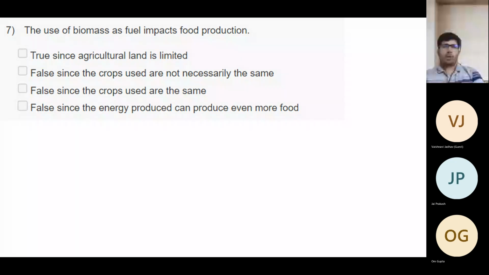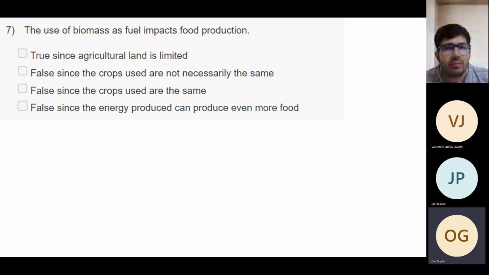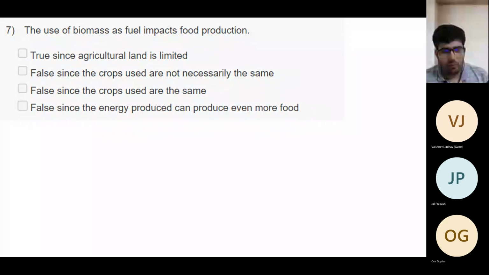So what is your correct answer? What are you saying the correct answer will be? So what is the answer from your side? C and D. So I think two people are saying C and D. Okay, only one is saying A. Maybe those who were saying C and D, maybe you just didn't understand the question.